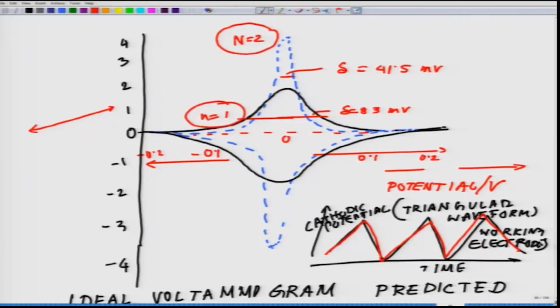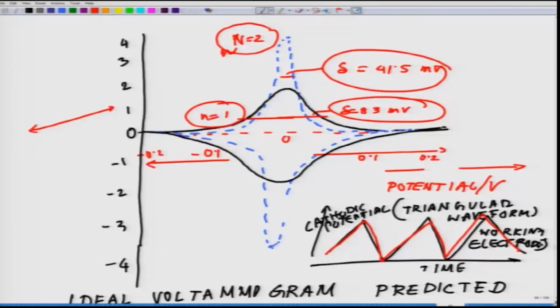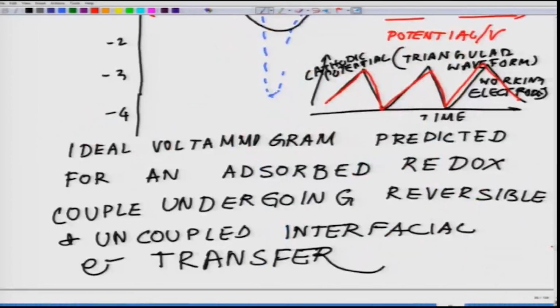This n out here should actually be a small n. N represents the number of electrons, and the width tells you the voltage. So, you are cycling your analyte. This is an ideal voltammogram predicted for an adsorbed redox couple.